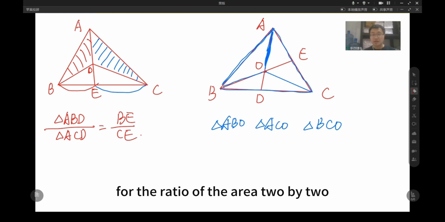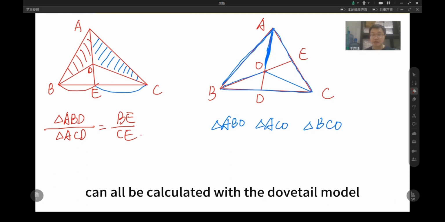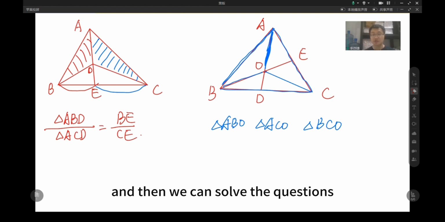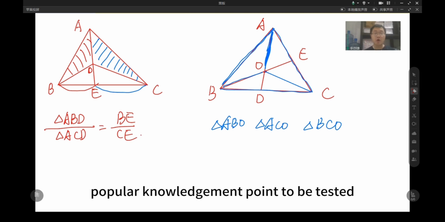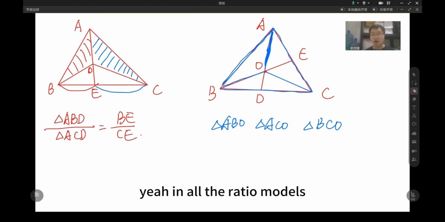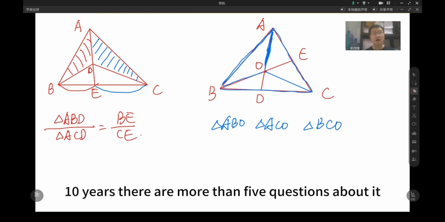The ratios of their areas, two by two, can all be calculated with the dovetail model, and then we can solve the questions. In NMOS, the dovetail model is a popular knowledge point to be tested in all the ratio models. In the past 10 years, there are maybe more than 5 questions about it.